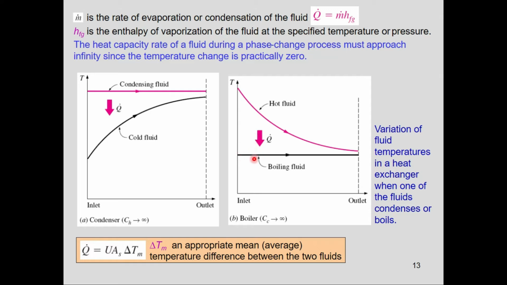So this is again the latent heat, which is taken up by the boiling fluid to change its phase from liquid to vapors, but its temperature will not change and will remain constant. Similar is the case of boiling.